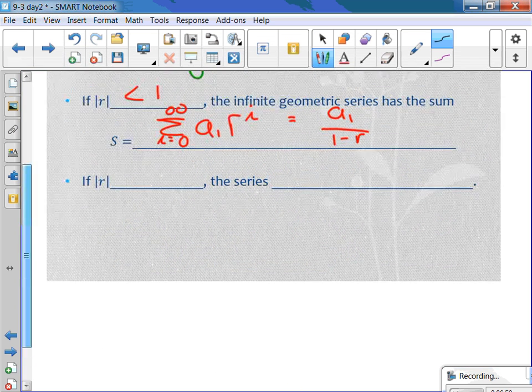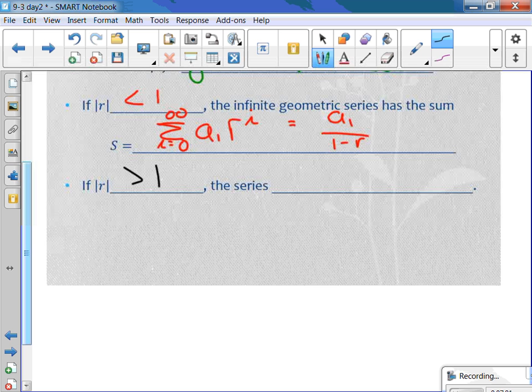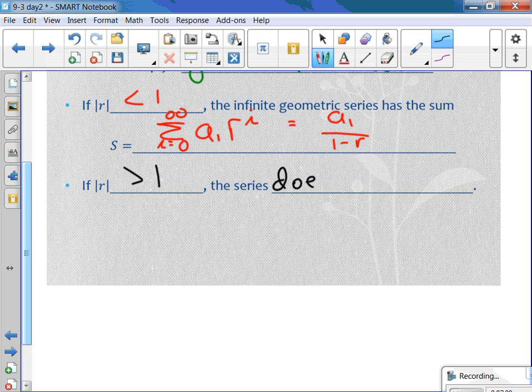This becomes a tricky formula. If the absolute value of my common ratio r is greater than 1, it doesn't have a sum. So this only works if our common ratio has an absolute value less than 1.